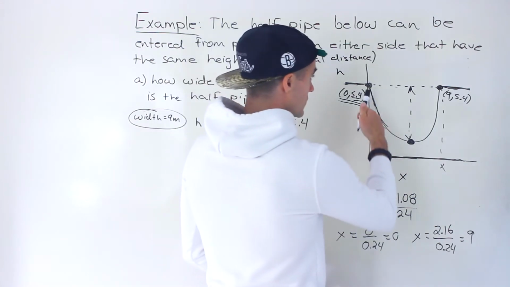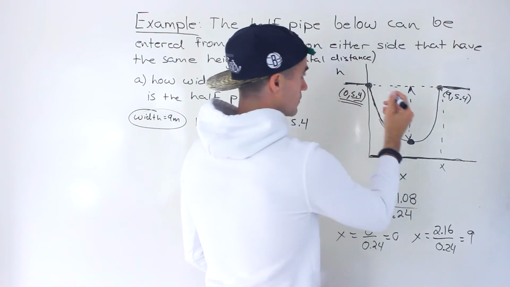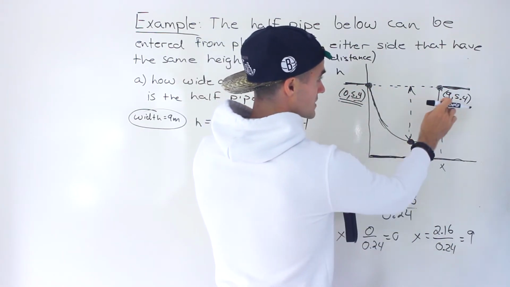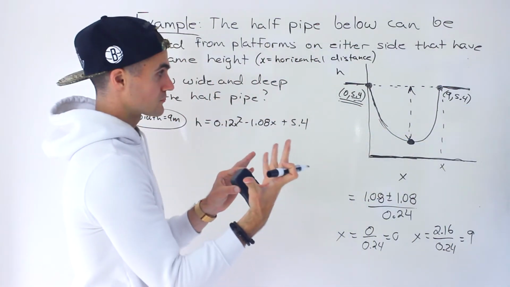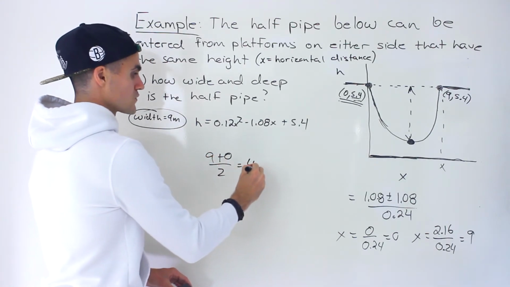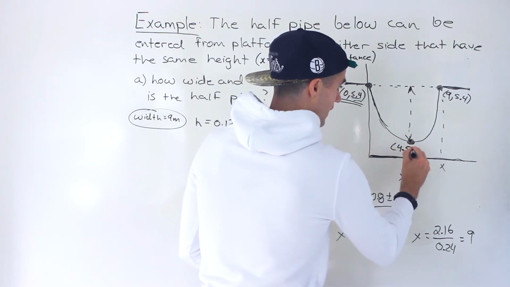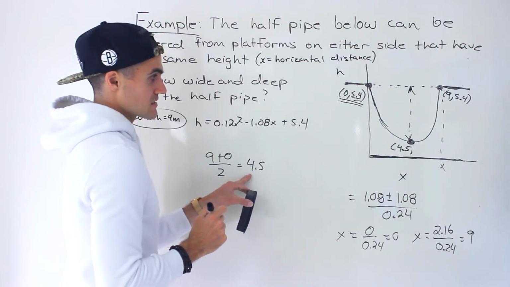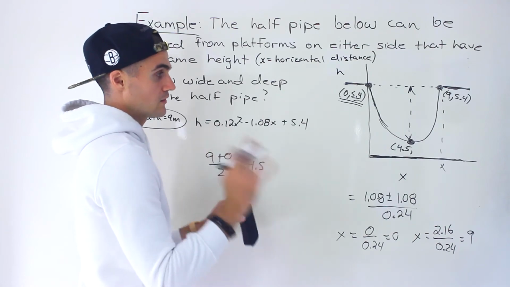Now notice that we have the two values right here of 9 and 0 that are on the same height of 5.4, on the same y value. So this vertex is just going to be the midpoint between those two x values, which is going to be 9 plus 0 over 2, which would give us 4.5. So we know that this vertex here is going to have an x value of 4.5. Now usually we find this axis of symmetry, or the x value of the vertex, by finding the midpoint between the intercepts.